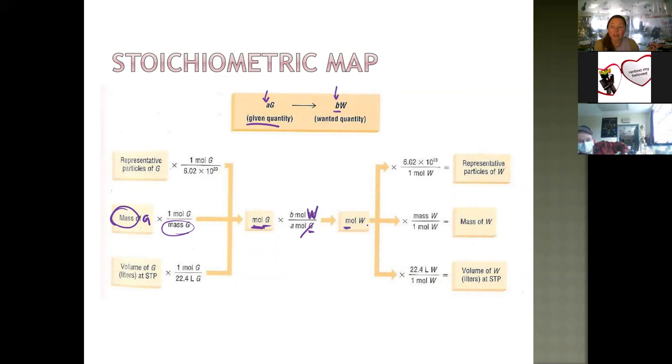So now I have moles of the wanted. In the question that we just did, we're looking for mass again. So then I followed this path, multiplied by the mass of the wanted from the periodic table, and voila, final answer. But you could follow this path lots and lots of ways. Just think about what you're given, what you want, and then you can follow all those pieces, if you like that kind of visual diagram.